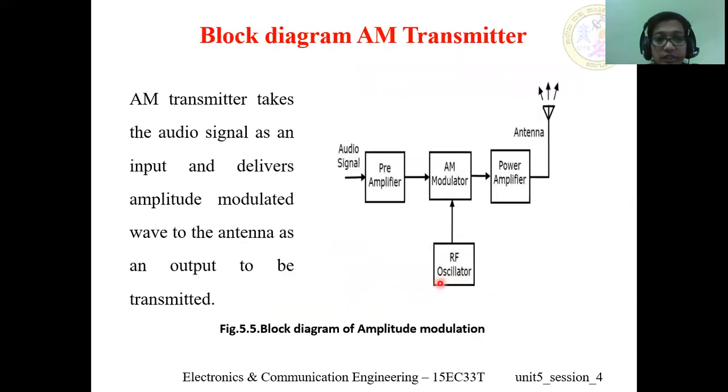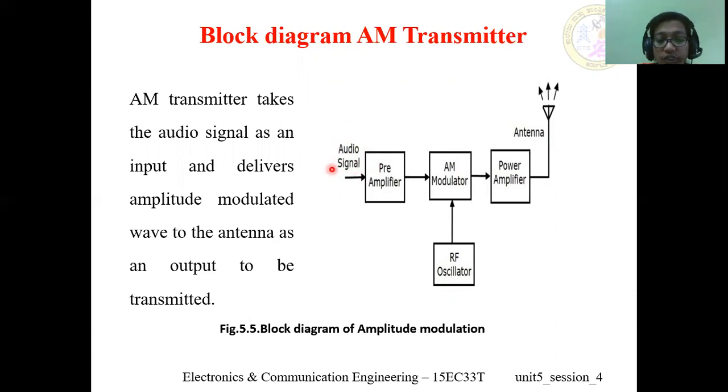Let's discuss the block diagram of the AM transmitter. At the transmitter side we need to do the modulation process. For the modulation process, there will be a low frequency signal, which we take as an audio signal.